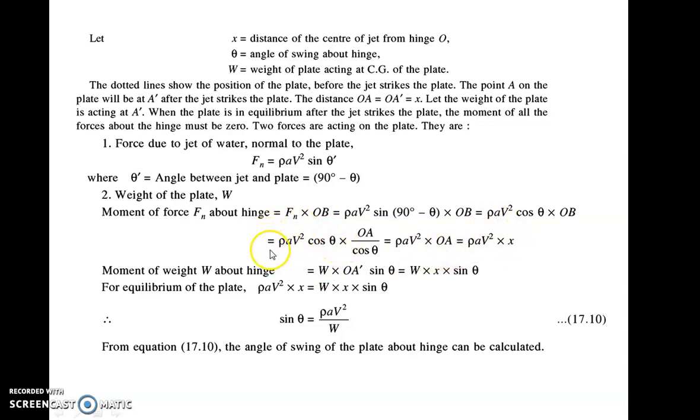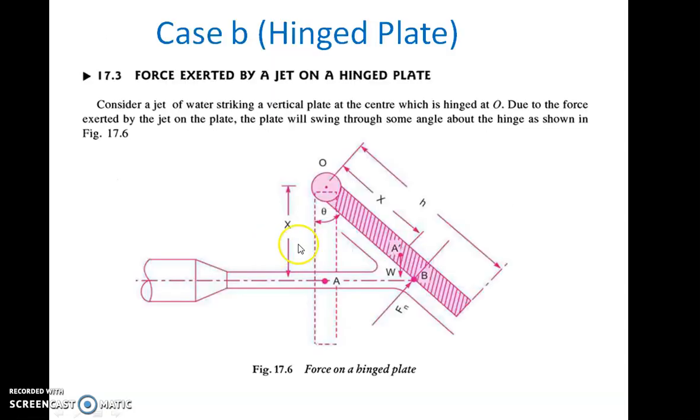Now if you take the moment of this Fn about point O, it will have the length OB. So it is Fn into length OB, that will be the moment of Fn. Similarly W is acting vertically downward through the center of the plate, and it will have a distance x from point O. So it is W into, you have to take the perpendicular distance.